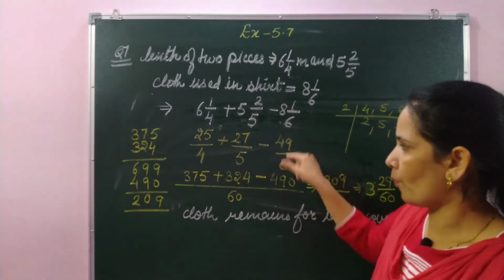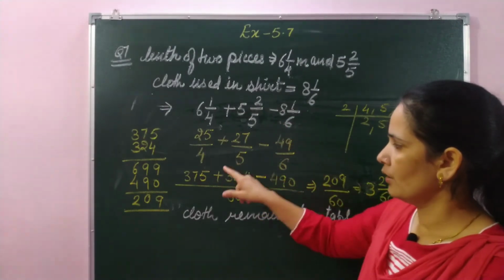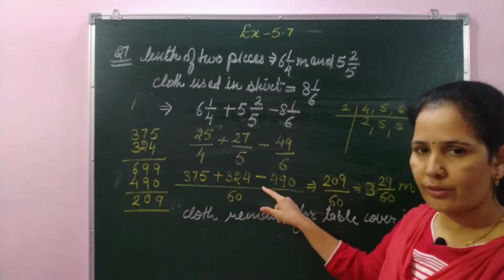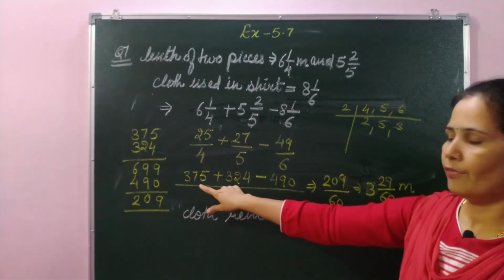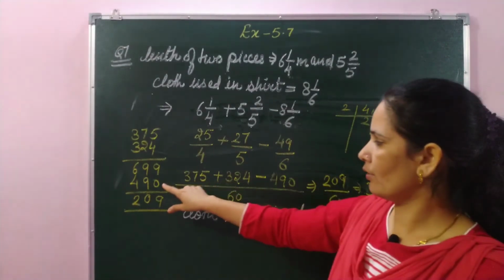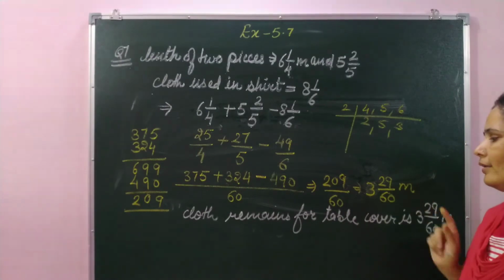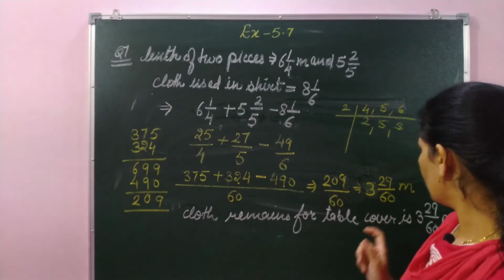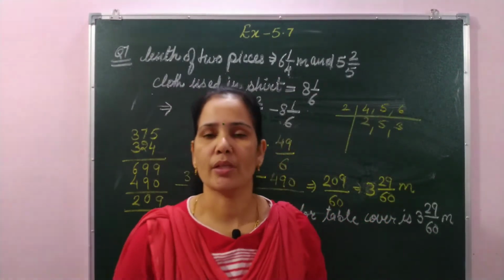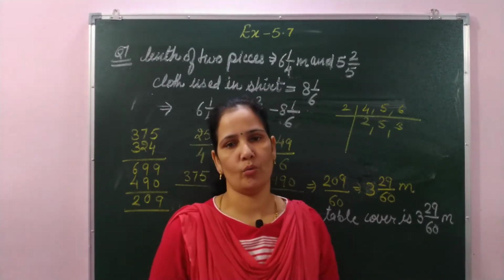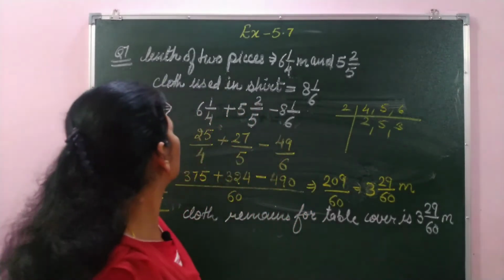Convert into improper fractions, take the LCM. According to the LCM, convert the numerators, and then first add these two and then subtract the third one, and we get the answer 209 by 60. That means 3 29 by 60 meter remains for the table cloth. So this is our question number 7.